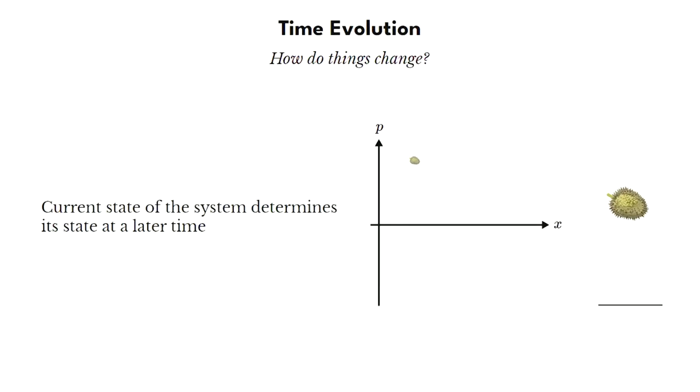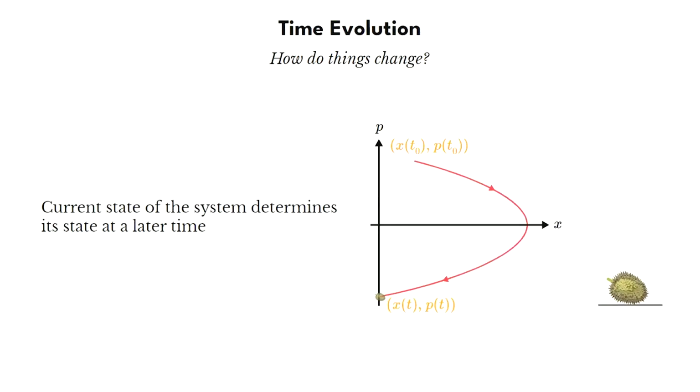Now let's look at the last final part, which is how do things change. Now let's take a look at the durian example that I gave you before. When I throw the durian vertically upwards, it can be described as losing momentum and gaining height. It stops and then falls back down to the ground.